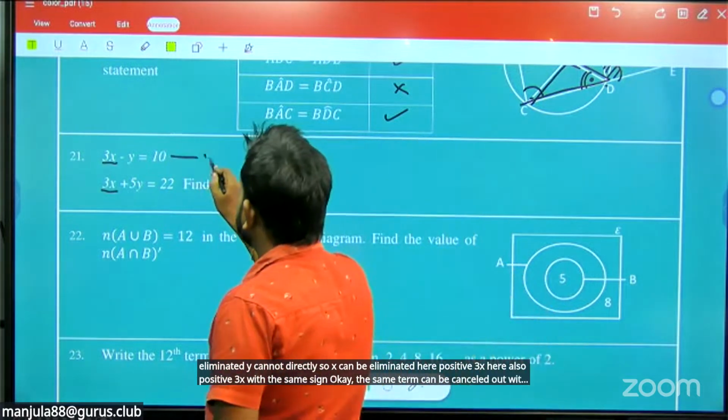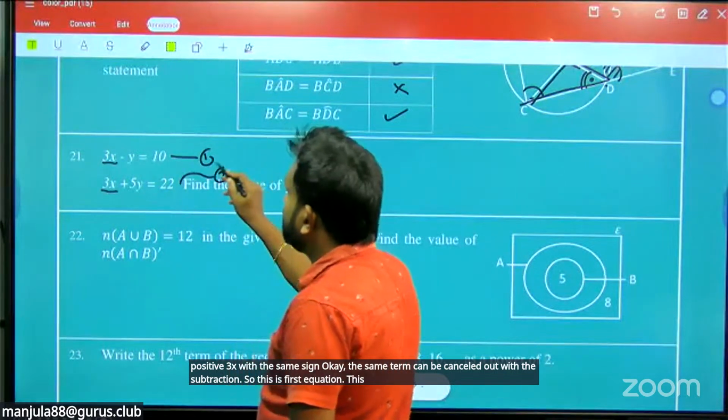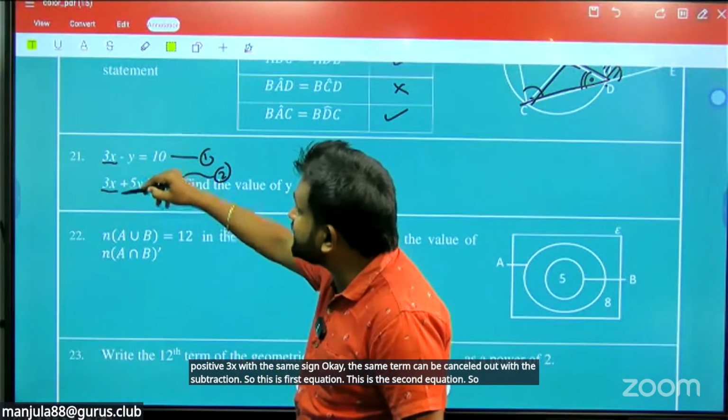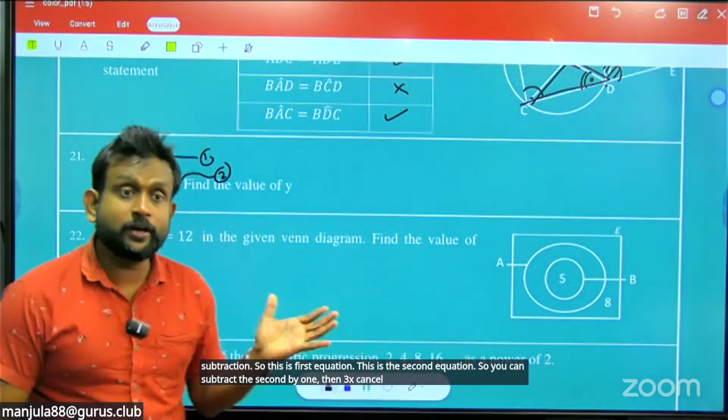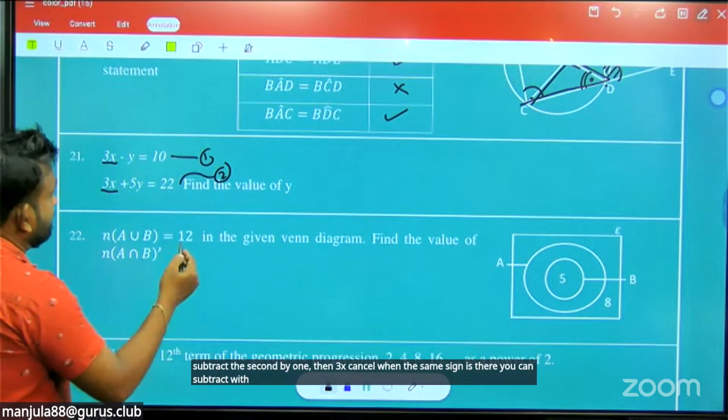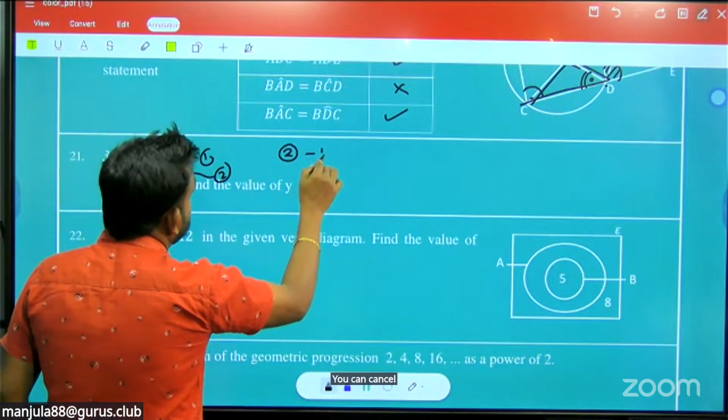So this is the first equation, this is the second equation. Subtract the second from the first, then 3x cancels.